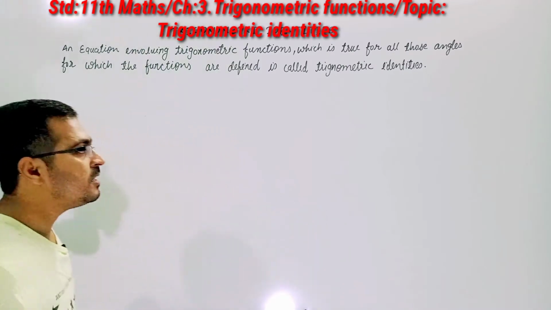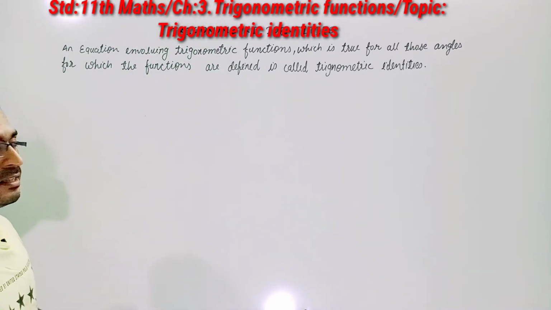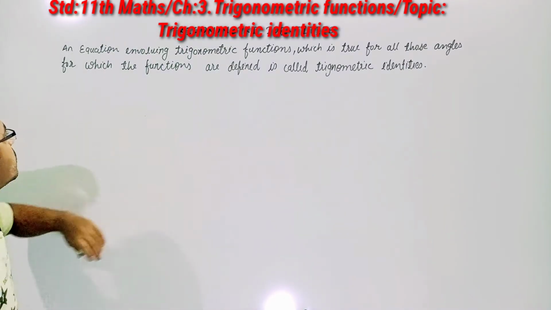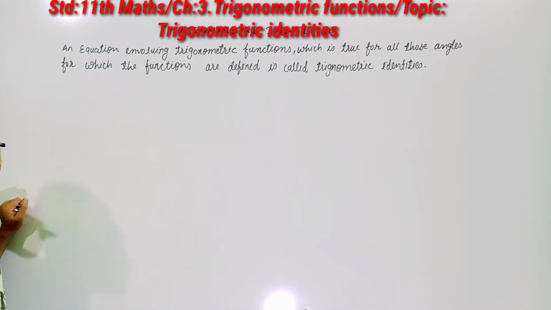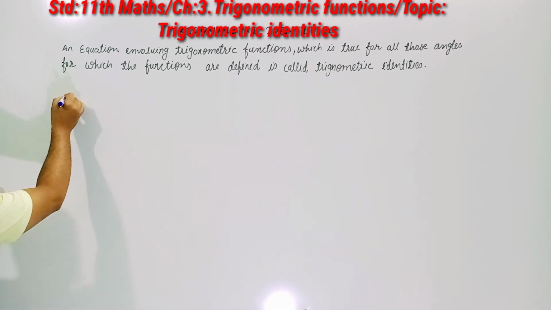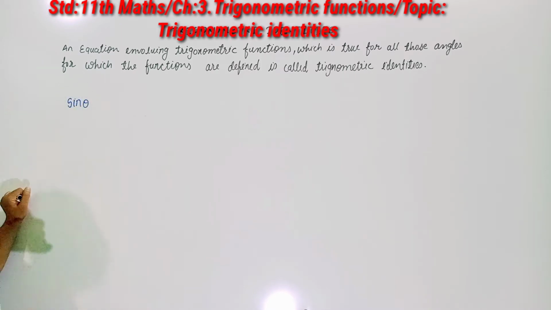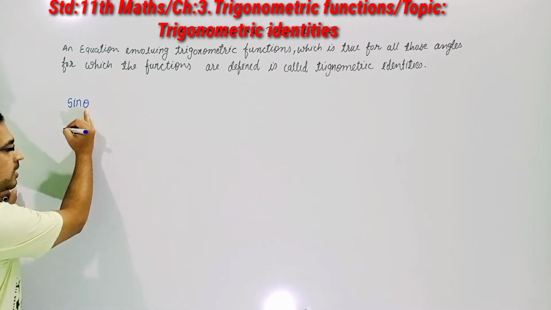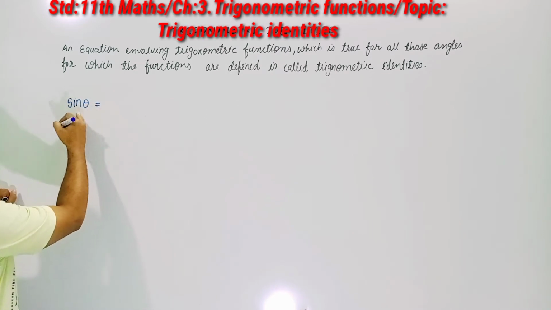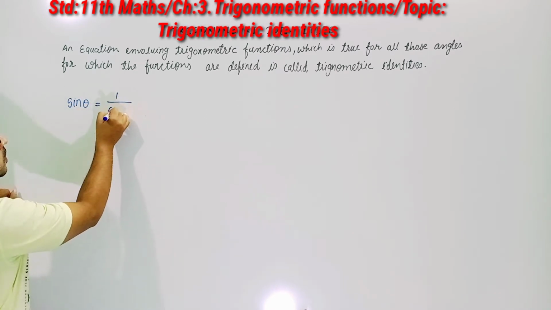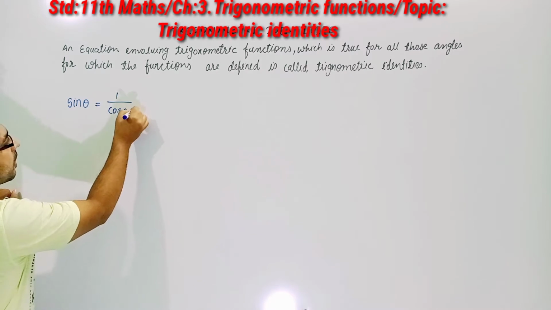Okay, so let us see the trigonometric identities. First of all, we are starting from sine. Sine theta, where theta is an angle, can be written as 1 upon cosec theta.